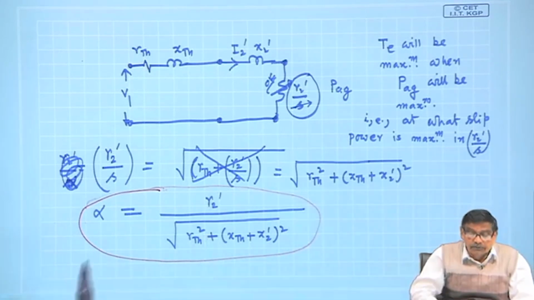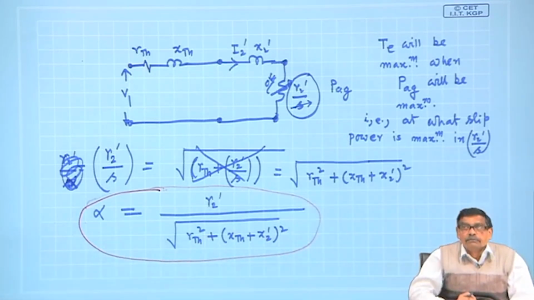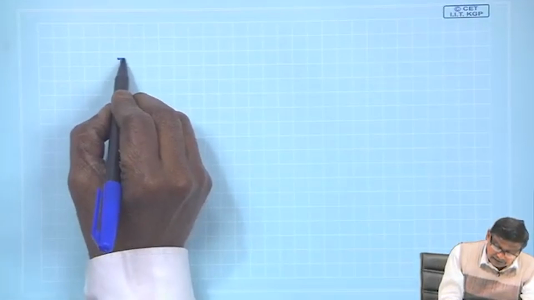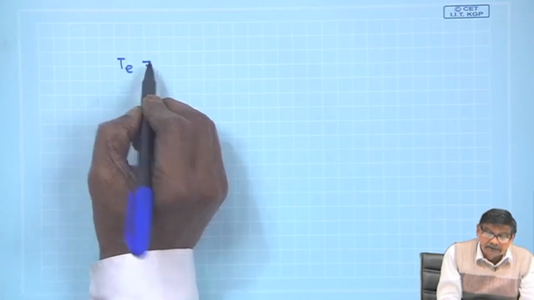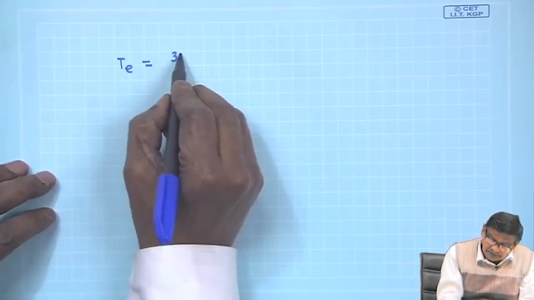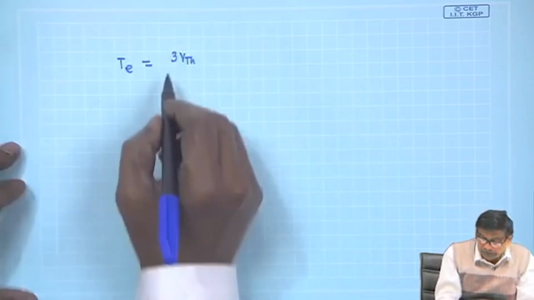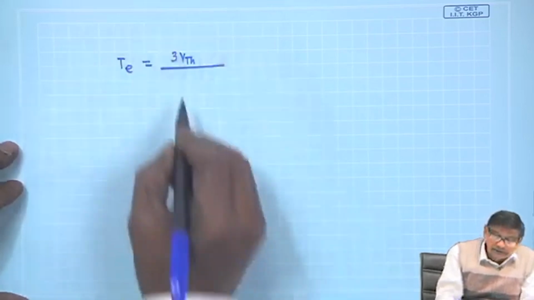Then the next question was, what is the value of this maximum torque? T max. The general expression of TE, many a time I have written it; it is nice to write it over and over again so that we can easily write it.